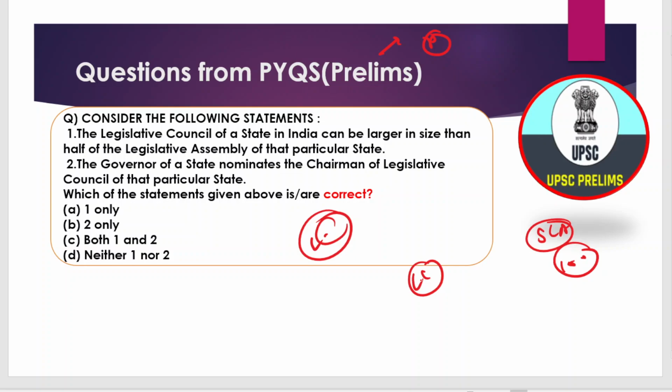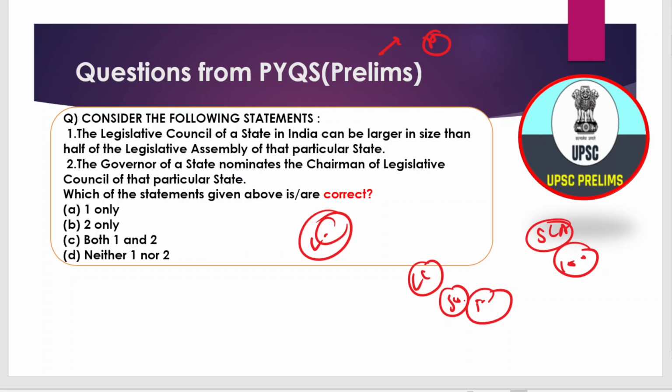With respect to its strength, its size can be larger than 50%. That means if the state legislative assembly has 100 seats, the legislative council would have more than 50 seats. That is the 50%. We are taking a rough example.